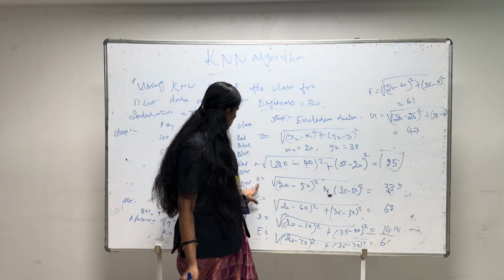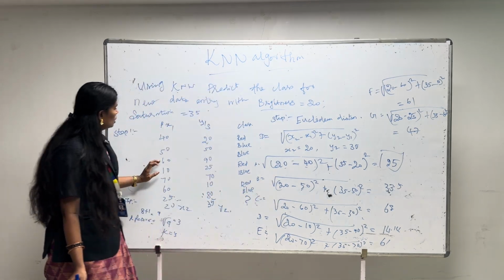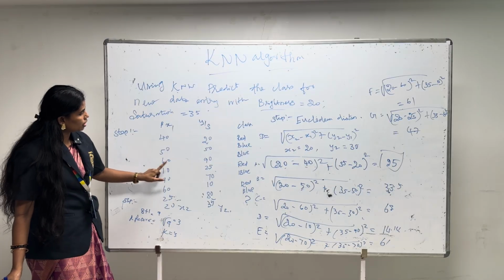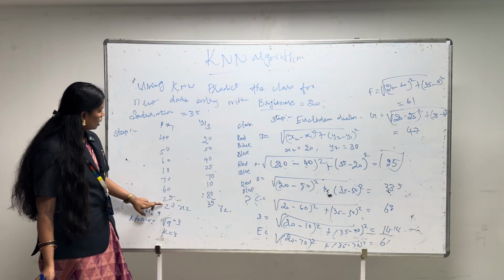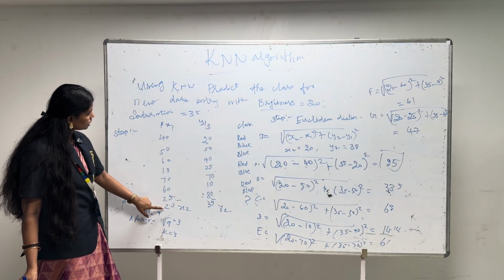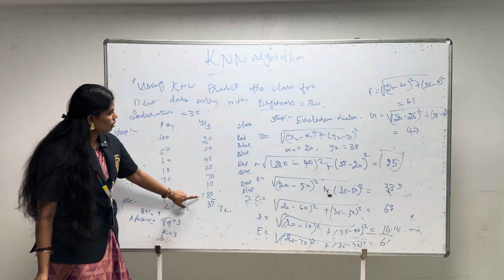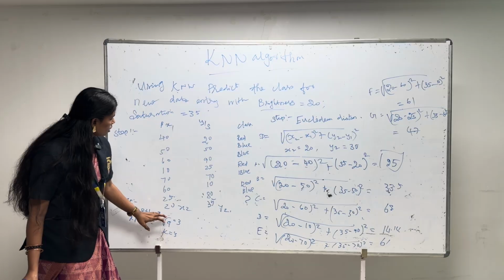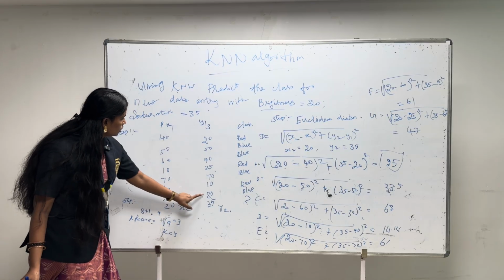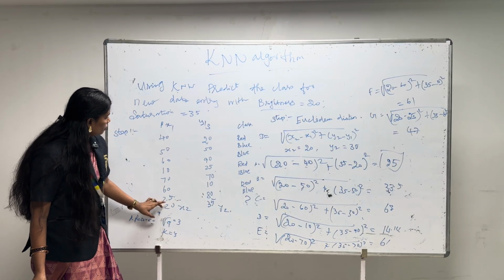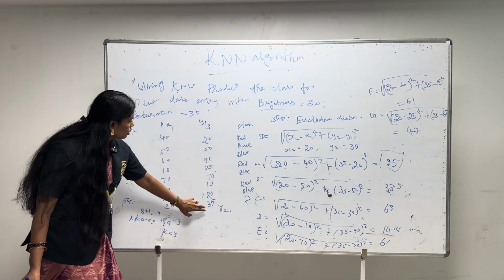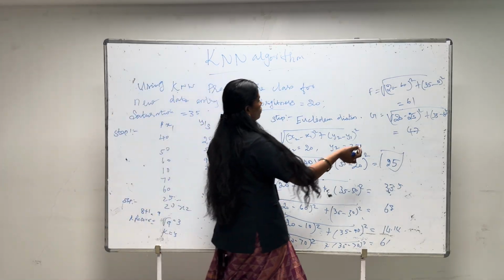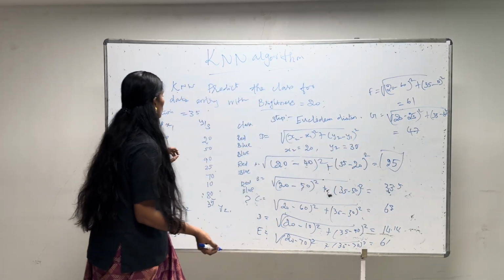The third one is 60: 20 minus 60, 35 minus 90. Then for the next classes, 20 minus 10, 35 minus 70, and 20 minus 70, 35 minus 10, 20 minus 80, 35 minus 10, 20 minus 25, 35 minus 80. So we have calculated the values for these.